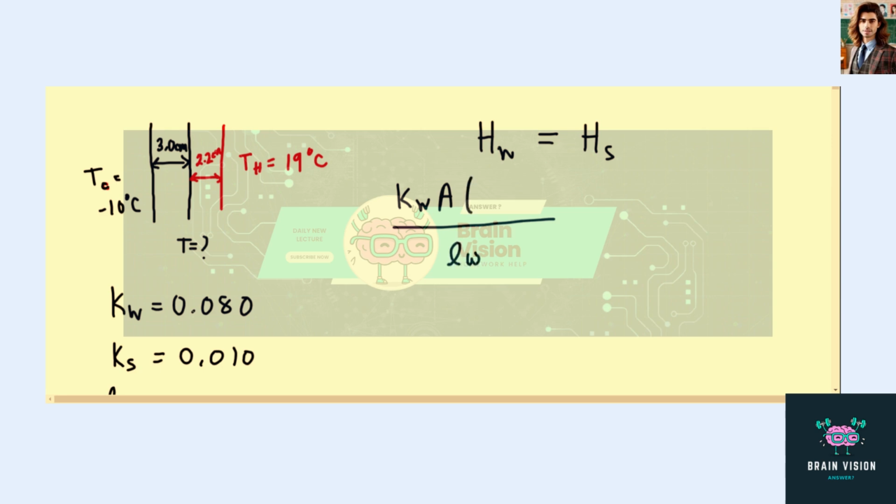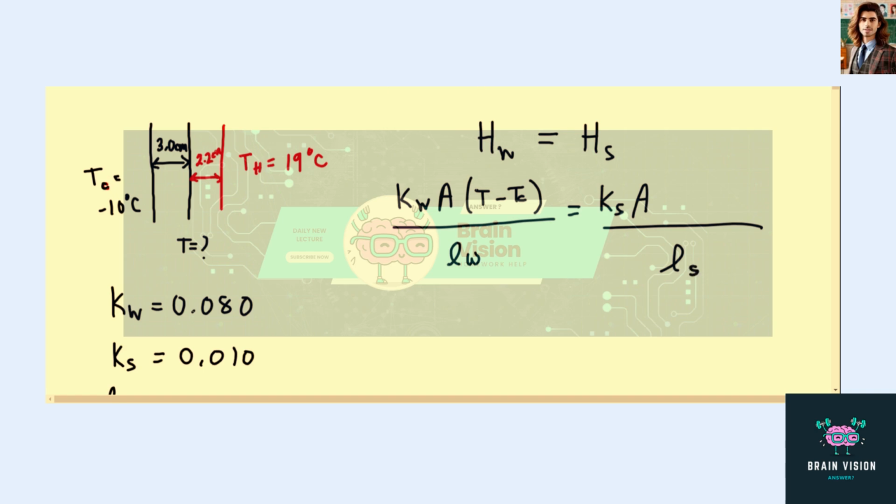That's going to depend on TH minus TC for each chunk. The hot side of the wood part is going to be at that intermediate temperature T, and the cold side of the wood is going to be at TC. Then we have the same equation, different K, different L, for the styrofoam, LS.